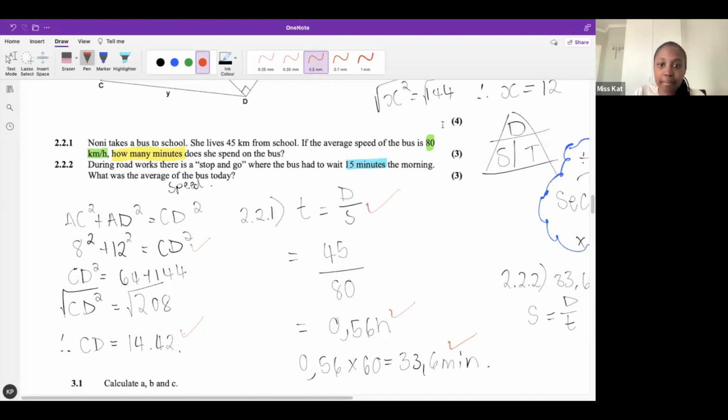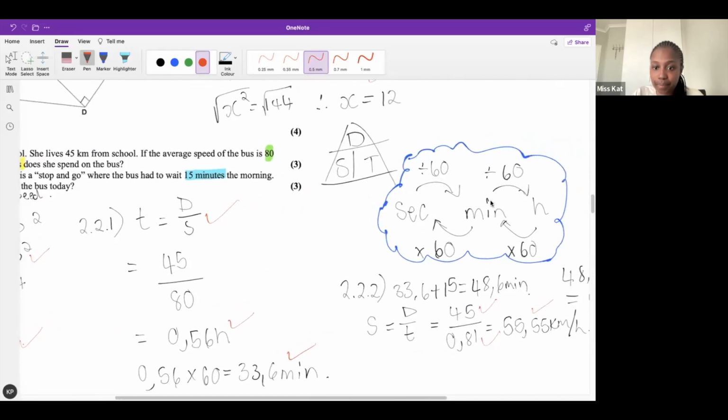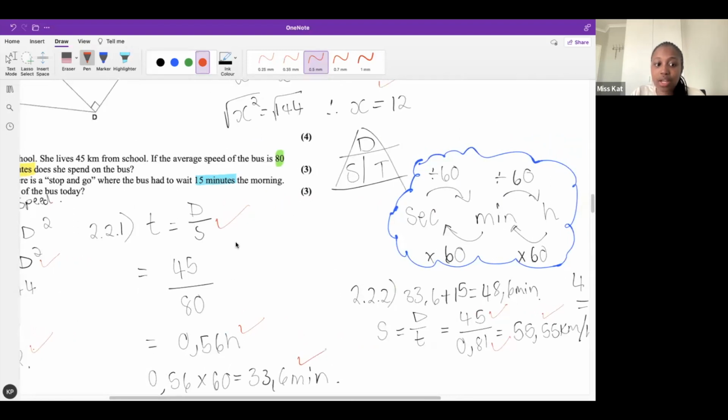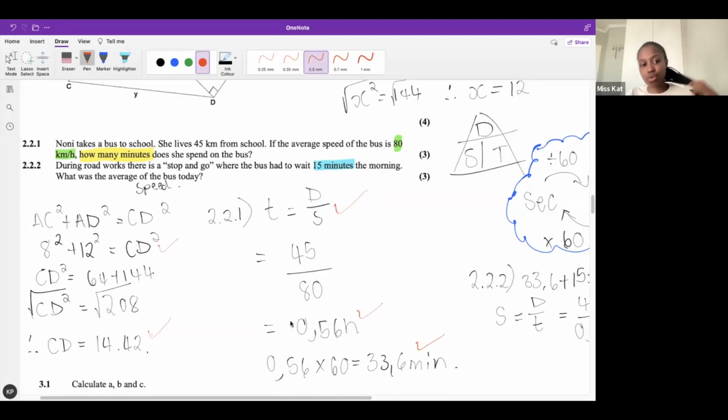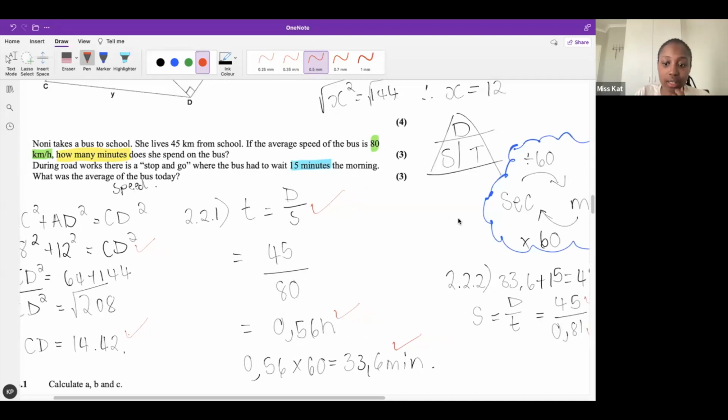I just wanted to ask, for converting to seconds, why do we have to do that? Okay, so in this formula, you can only use hours. And we did use hours, but look what the question asked: how many minutes does she spend? So we got our answer in hours, but that's not what the question wanted. They wanted minutes. So we have to just read the question carefully. And then the last one, 2.2.2?